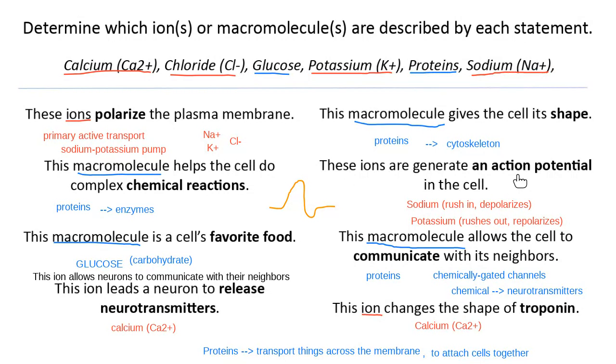Yeah, so when we talk about an action potential, the key to remember with that is it's a charge change that moves all across the plasma membrane of a neuron or of a muscle cell. So if you look in your notes, it's going to be in lesson number 9 and in number 10.